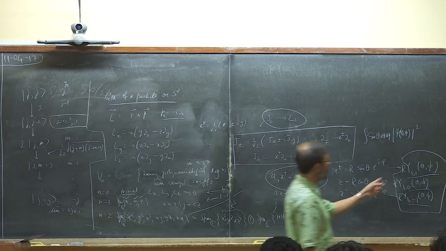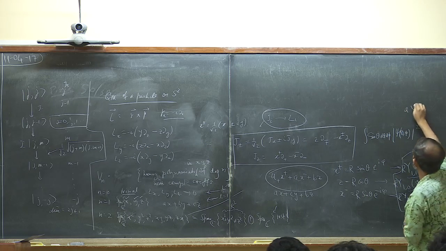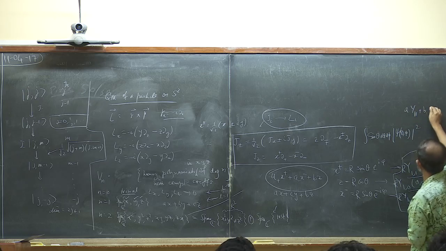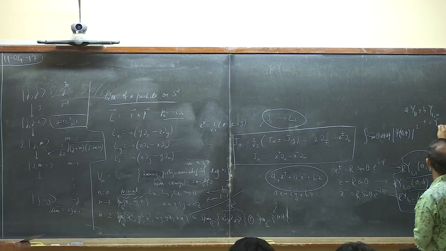Y_lm's form a vector space in a different way. Now I can assign some Hilbert space structure, which is now a Y_11 plus b Y_10 plus c Y_1,-1.